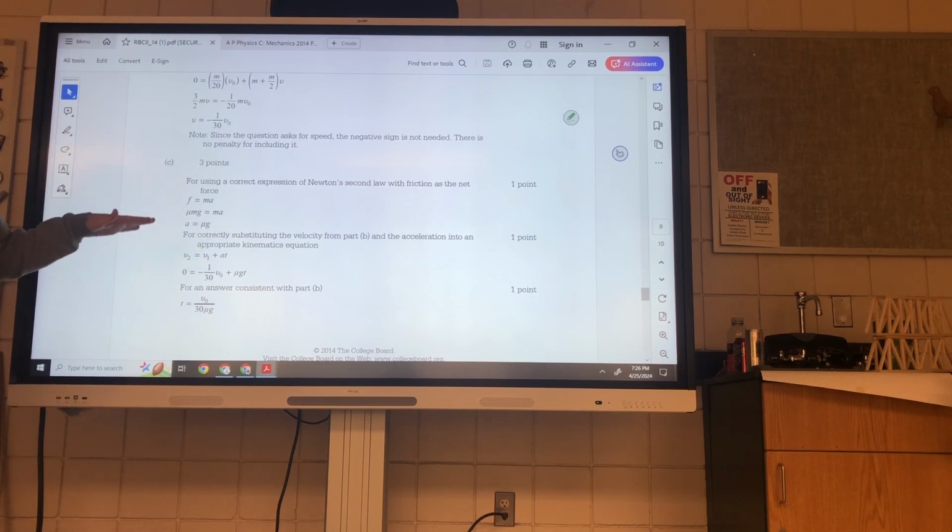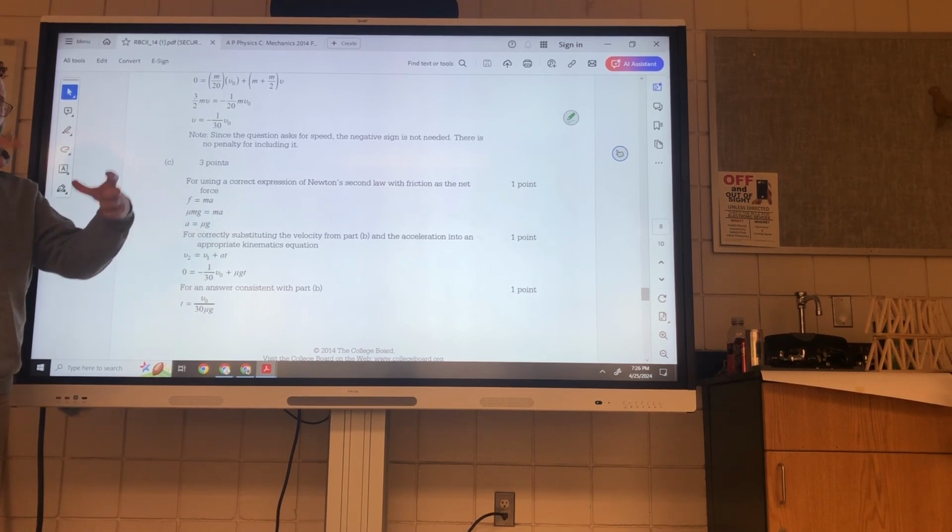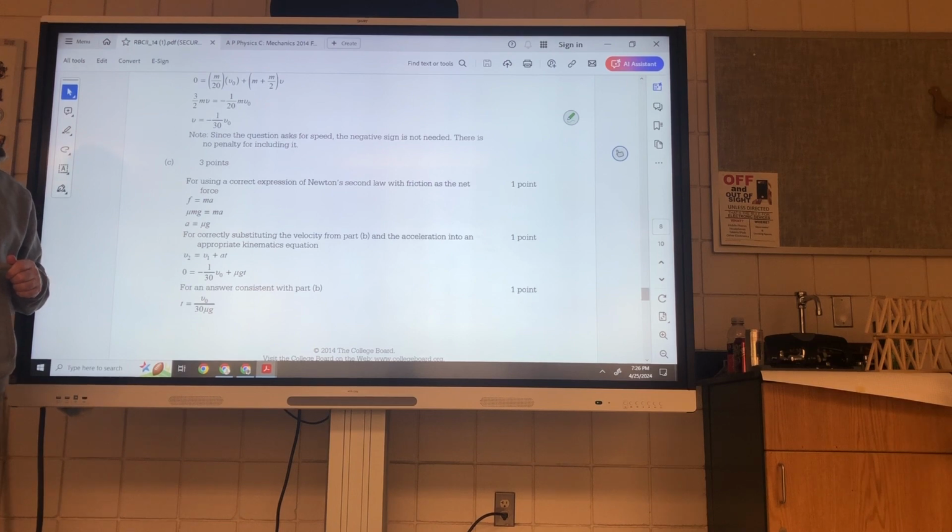But in a very realistic sense, this m is the mass of the disc plus the mass of the guy. I made it 3m over 2. Yes, but even if you made it 3m over 2 here and 3m over 2 here, they're going to cancel. Is that cool? You notice that?